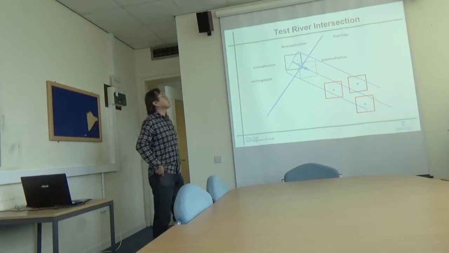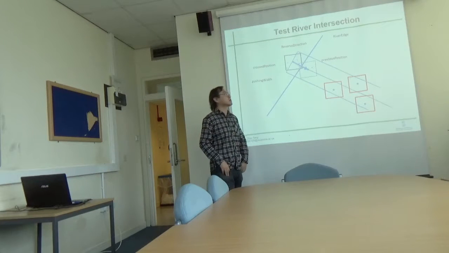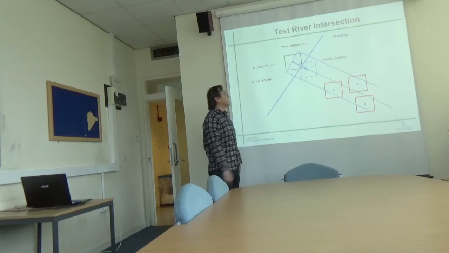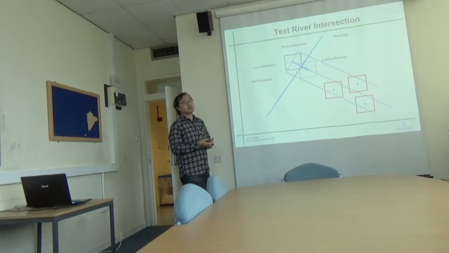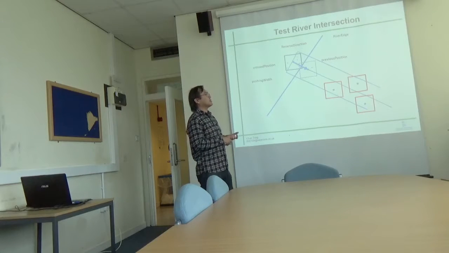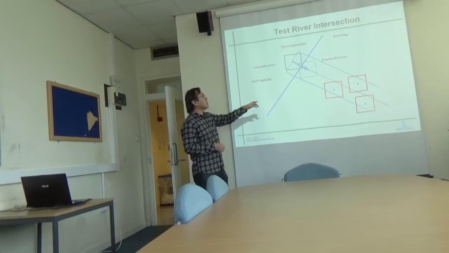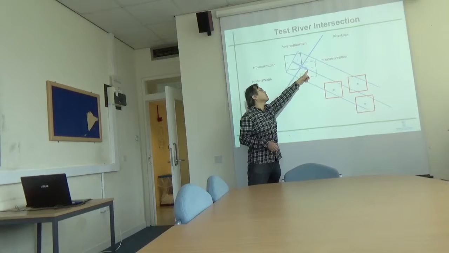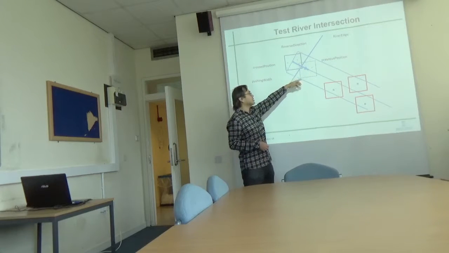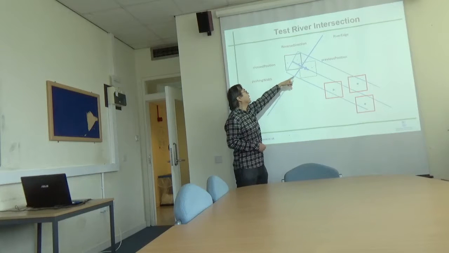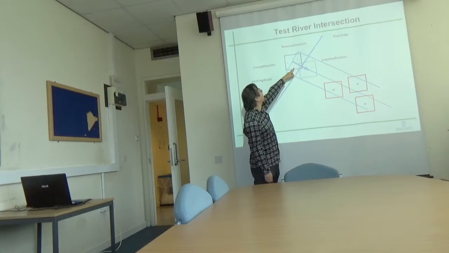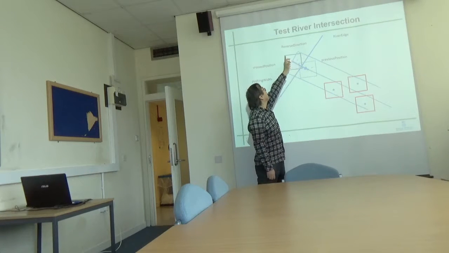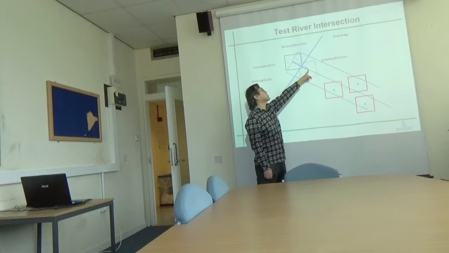Then we talk about how we test for river intersection. As you can see, the dotted rectangle is the previous position, or we can say the last position. We suppose that previously the region is still on its side of the river, and in the current position, we connect a line between the current position and the previous position.